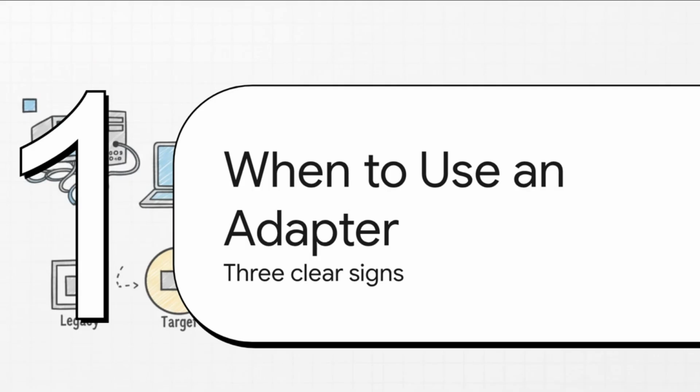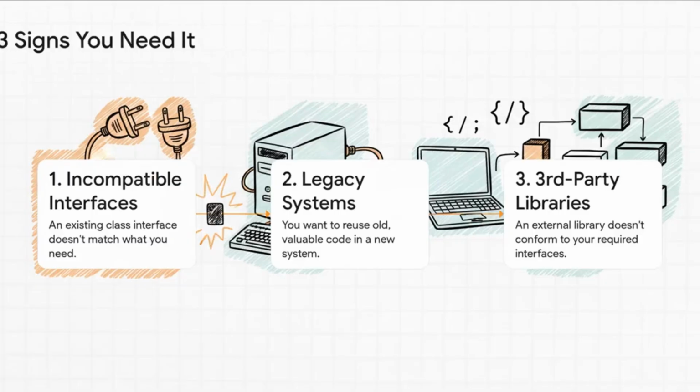So the big question is, when should you actually reach for this tool? When should that little light bulb go off in your head that says, aha, I need an adapter? Well, let's break down the classic signs. It really boils down to three main situations. Number one, you have a class you want to use, but its interface just doesn't fit the hole you're trying to plug it into.